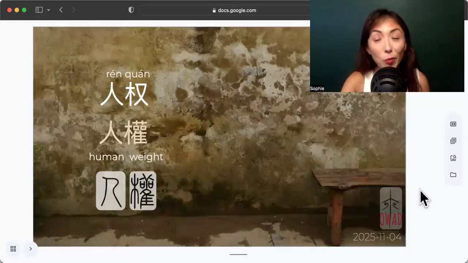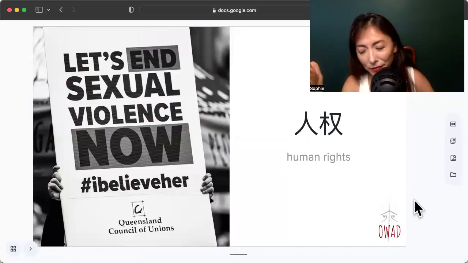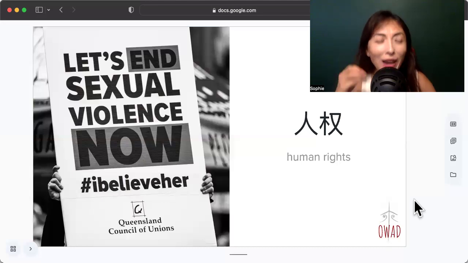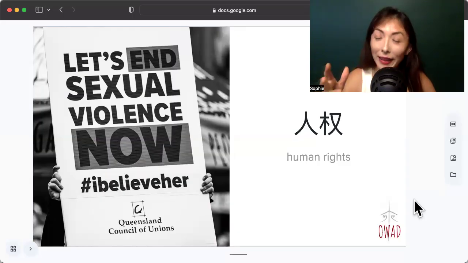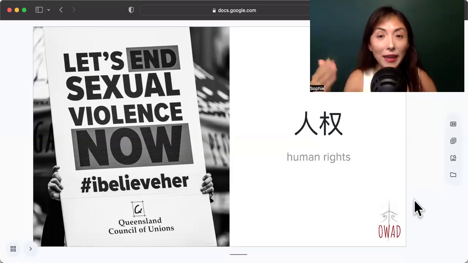So this weight, this scale, this evaluation then became this concept of right. So when we pair human rights, I think that's almost like what I was trying to say at the beginning of the episode: even if we were born into this, we inherit this, I automatically accept it.